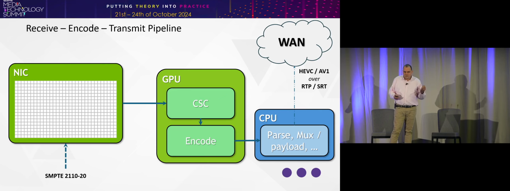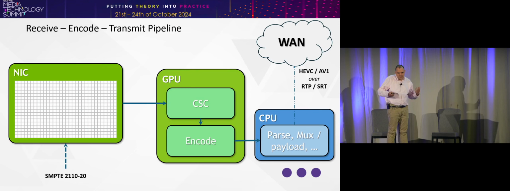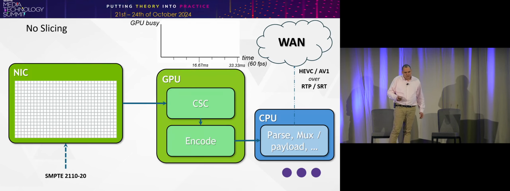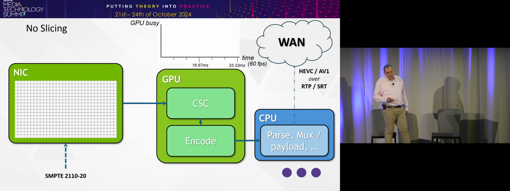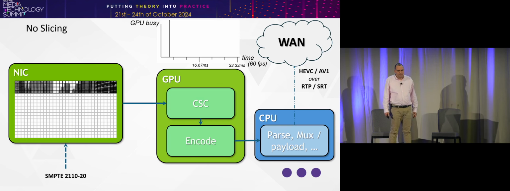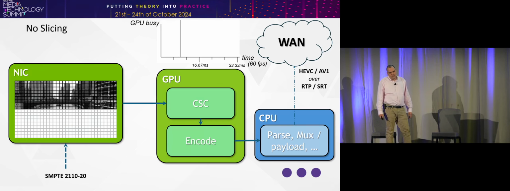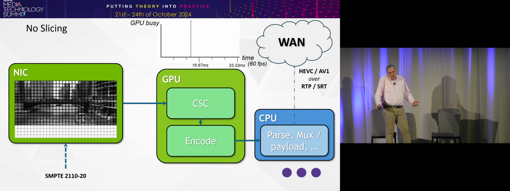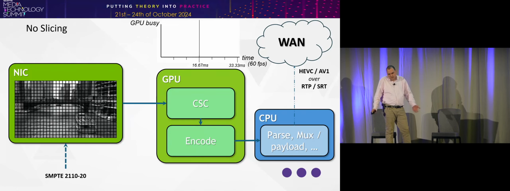Now, this is how the pipeline looks if you're not doing any slice-based encoding. Here's an illustrative animation of how this would look. On the top, we see over time how busy the GPU is and when it's busy. Assuming we have a 60 frames per second video coming in, this is what no slicing looks like. Frames are coming in, and in the meantime, the GPU isn't doing anything, even though it's next in line to do something.